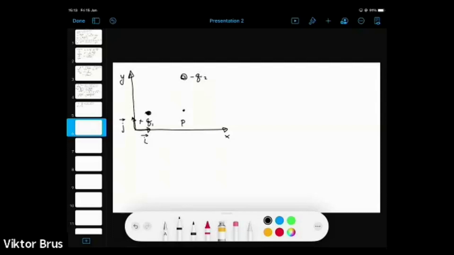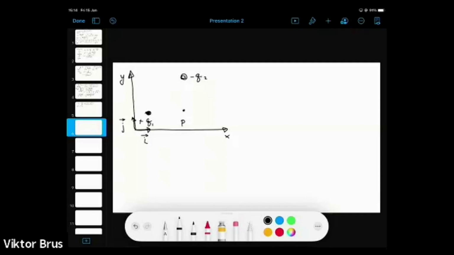We need to calculate the electric field vector in point P created by charge Q1. Then separately we need to calculate the electric field vector in point P created by charge Q2.